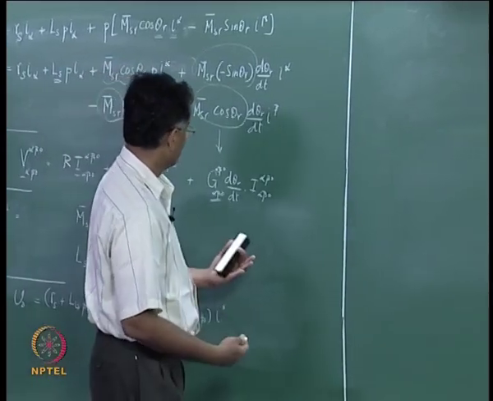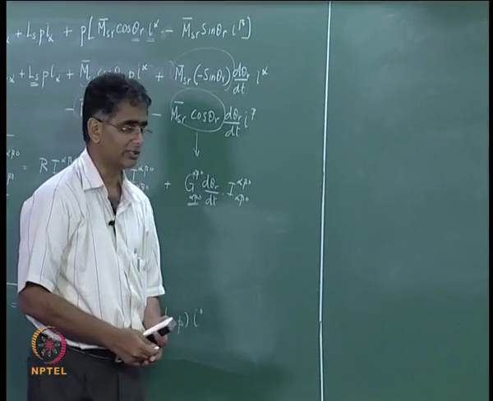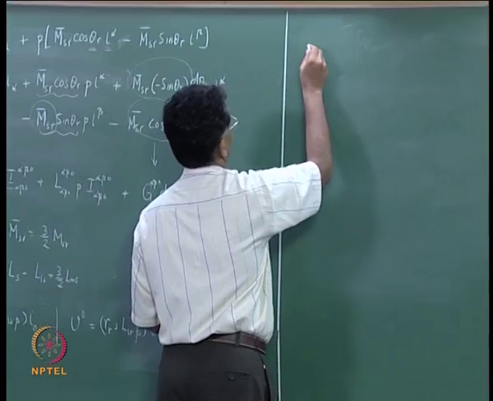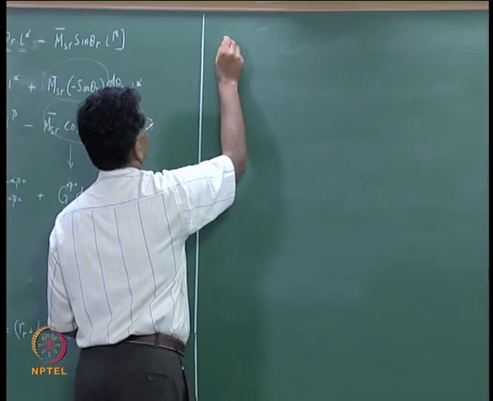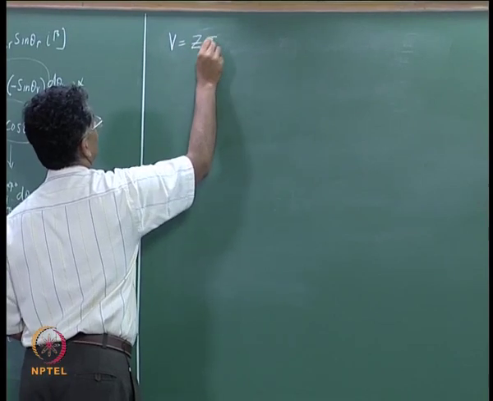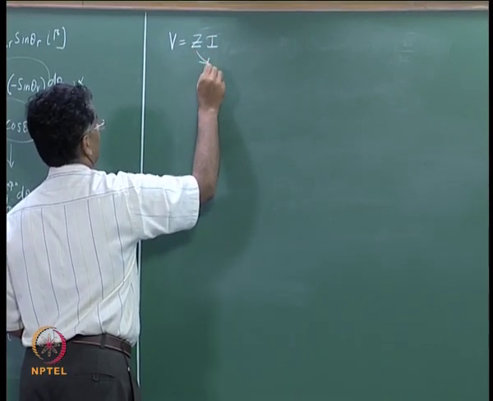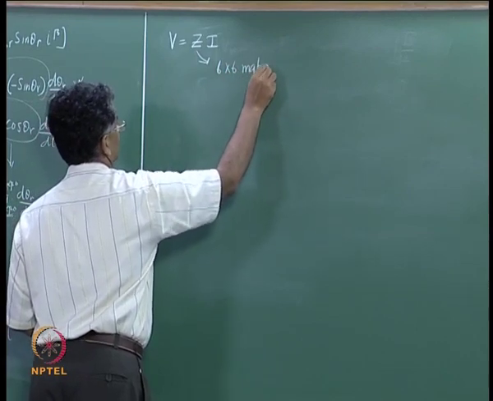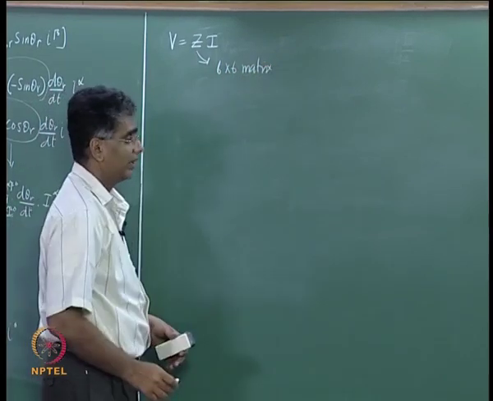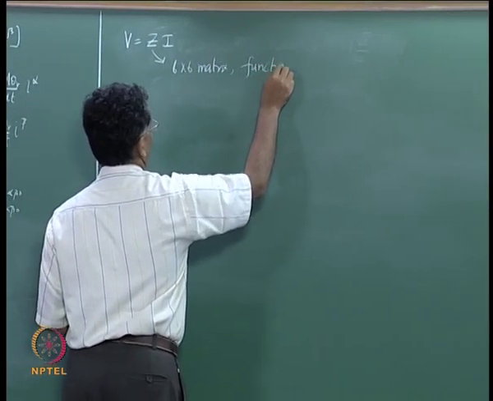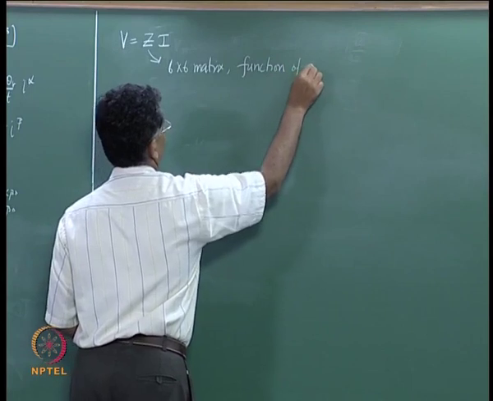In the expression for the 3-phase machine, we found that we had an impedance description. If you put this expression as V equals some Z into I, this Z was a 6×6 matrix, and this matrix was a function of rotor angle.